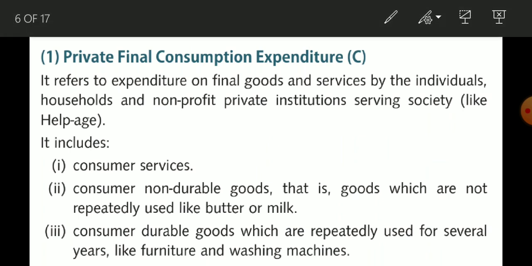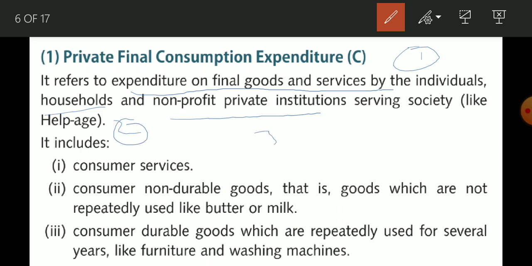It refers to expenditure on final goods and services by individuals, households, and non-profit institutions. Non-profit institutions mean those serving society, like Help Age, orphan houses, religious places, charitable associations.